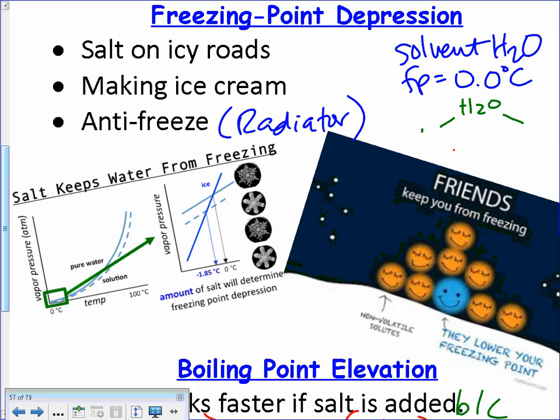So water organizes itself in a hexagon. Here's water. So great, they're interacting through hydrogen bonding, and there's a big air gap in the middle, which makes ice less dense than water, that's why it floats, right? So if that's happening, it's going to freeze really easily at 0 degrees Celsius. But then you allow this intruder in.